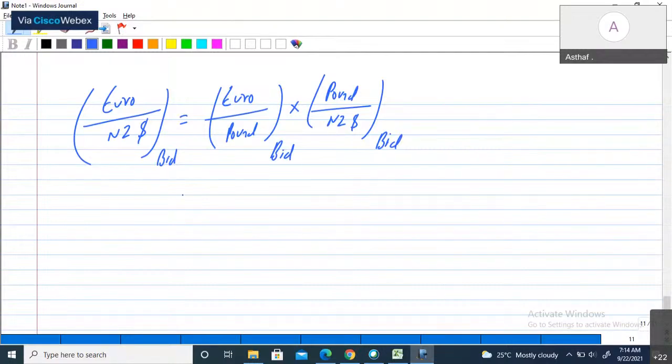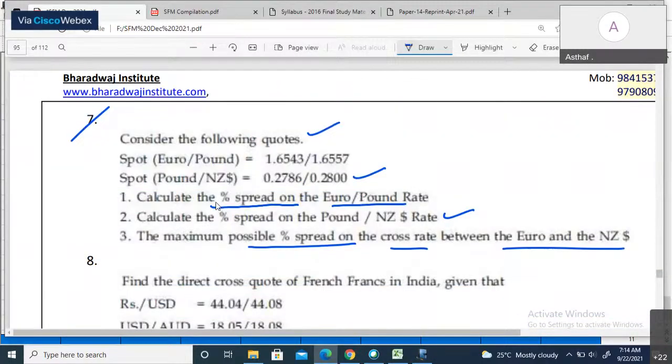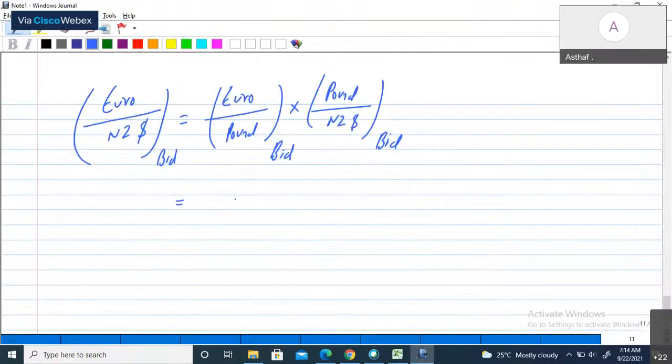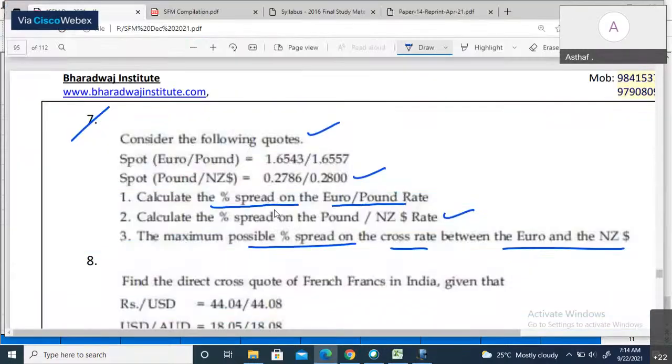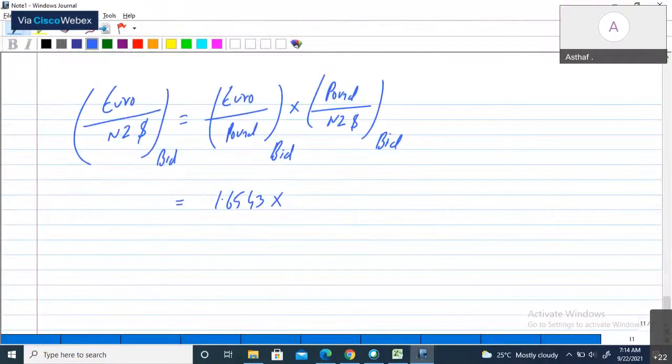So how to approach it? Euro to pound bid is 1.6543 into pound to New Zealand bid. Pound to New Zealand bid is 0.278. So what will be the answer, my dears?